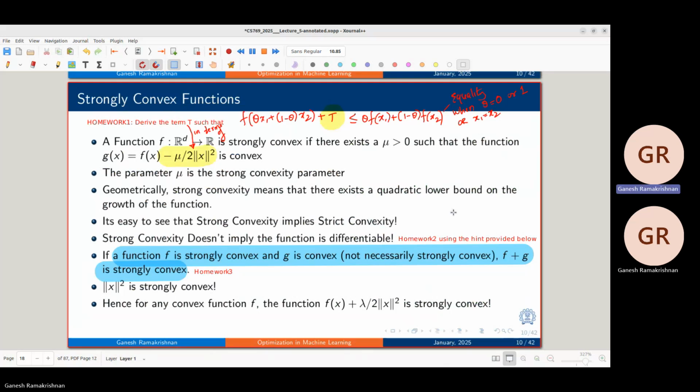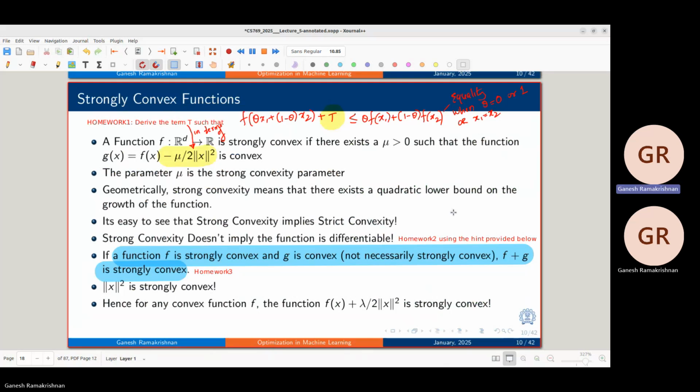The hint is that it'll turn out that when x1 equals x2, this term T will vanish. Otherwise, when x1 is not equal to x2, this T will become positive. As a result, this inequality will be a strict inequality.